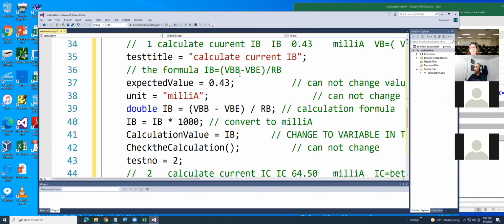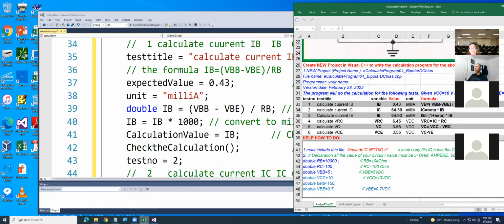You see that, calculate the current IB title. And now for the formula, if you want, you can copy the formula from Excel and paste it out here. But they are just comments.